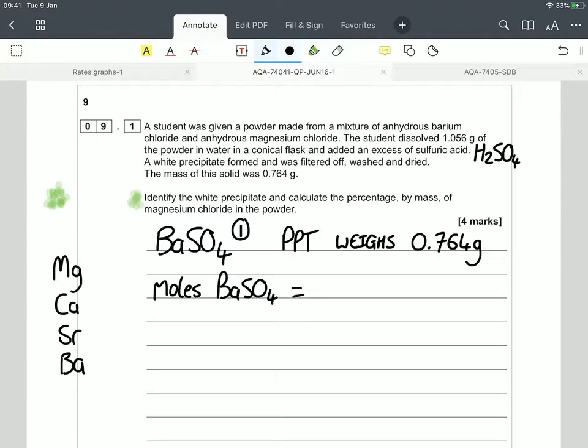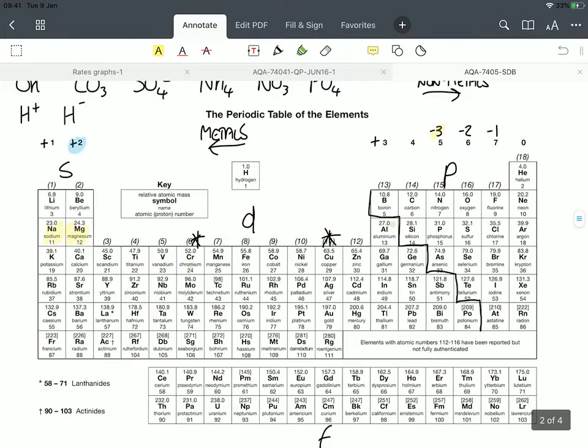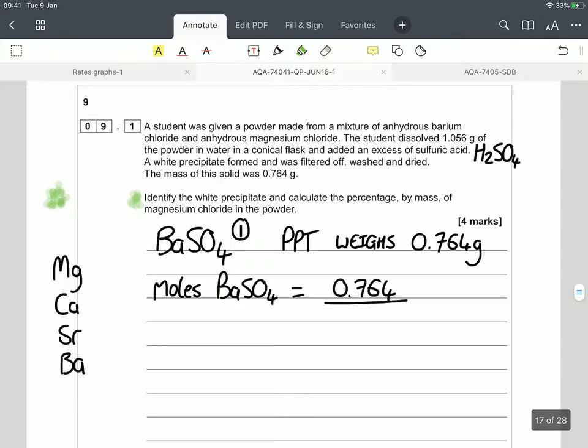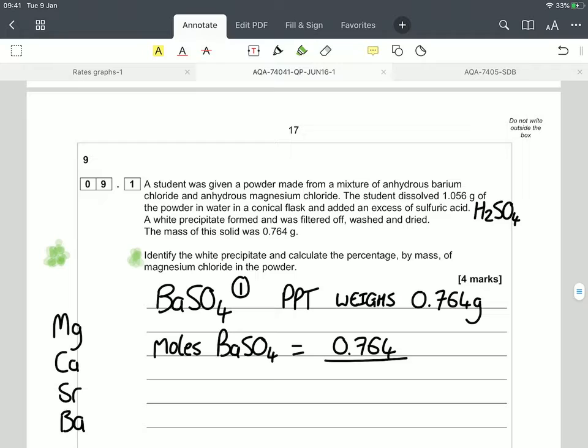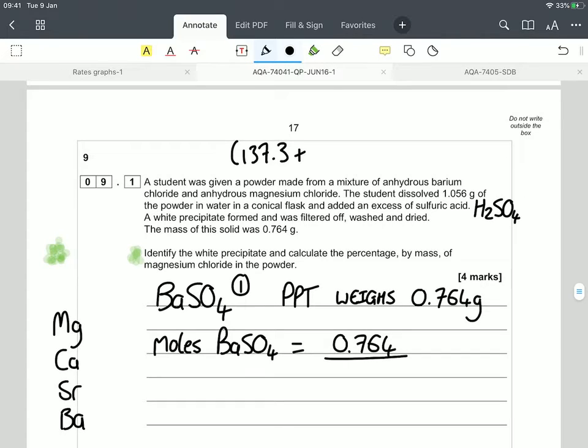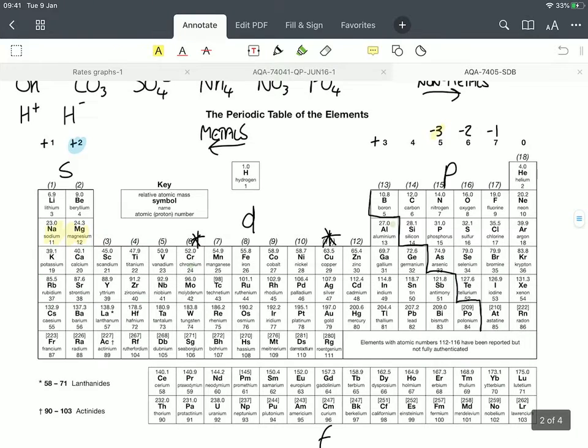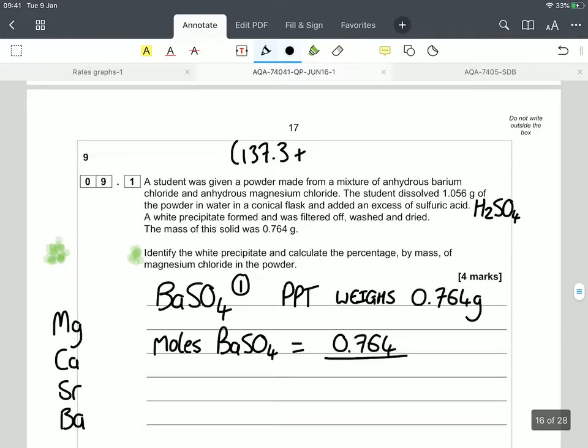So that's going to be 0.764 divided by, need to check the periodic table, 137.3. So I'm going to do this up here just so it's a bit tidier. 137.3 plus sulfur, 32.1 according to the AQA A-level periodic table, but I just thought I'd check, plus 64 because there's oxygen, 16, and there's 4 of them.